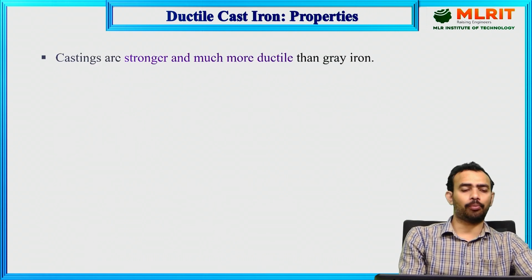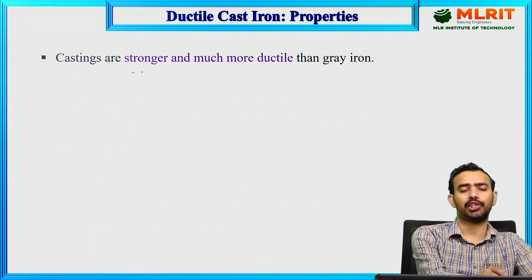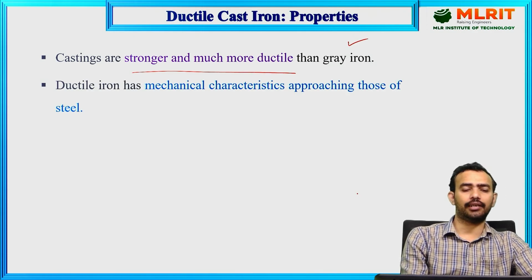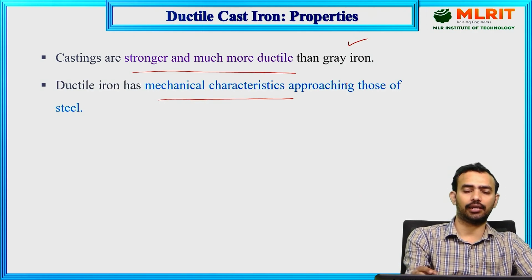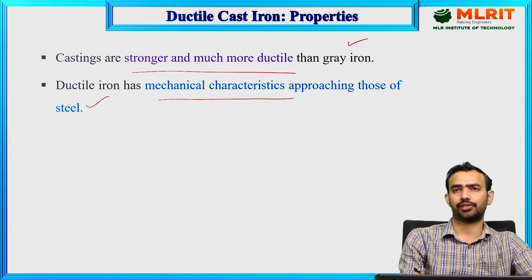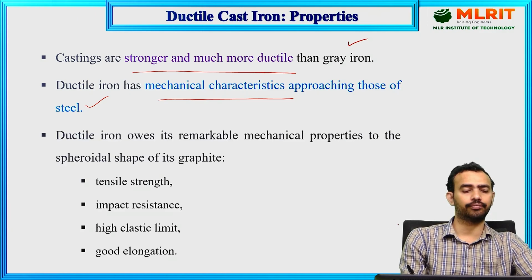If you look at the properties, these castings are very strong and much more ductile than gray iron. Ductile iron has excellent mechanical characteristics, almost approaching the characteristics of steel in terms of strength and other properties.